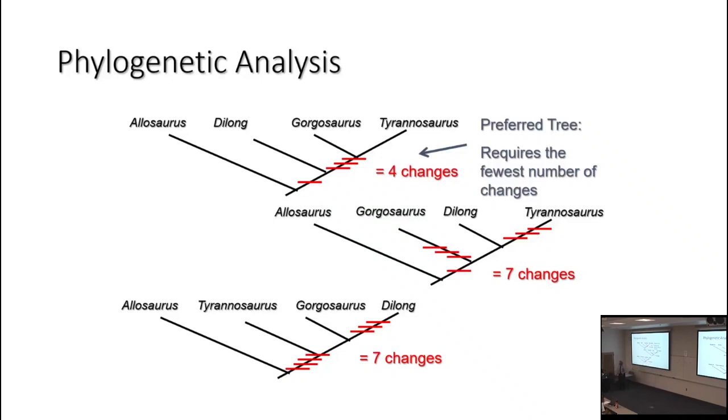Is it the true tree? We don't know. You don't know these things. We infer these things. That's why we do analyses. We don't know the relationships. We infer them based on our observations. It is the best tree currently, given this information. But new information could require us to change it.